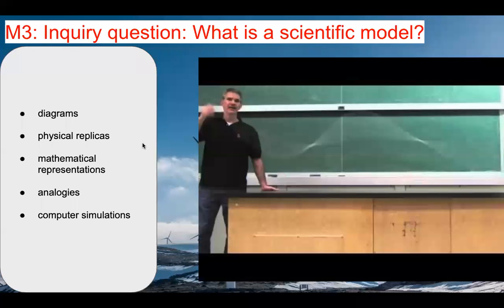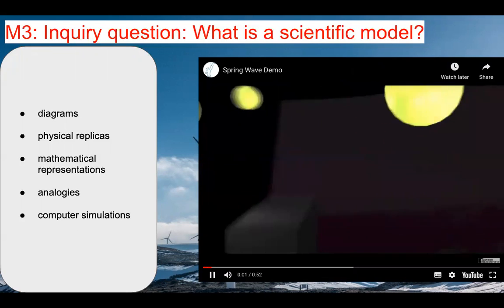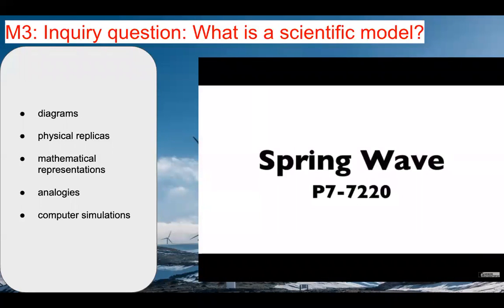You can also have physical replicas. And so what we've got here, which we'll see in a second hopefully, is basically just the spring. Now we look at examples of a wave model, just using the little wave model here.